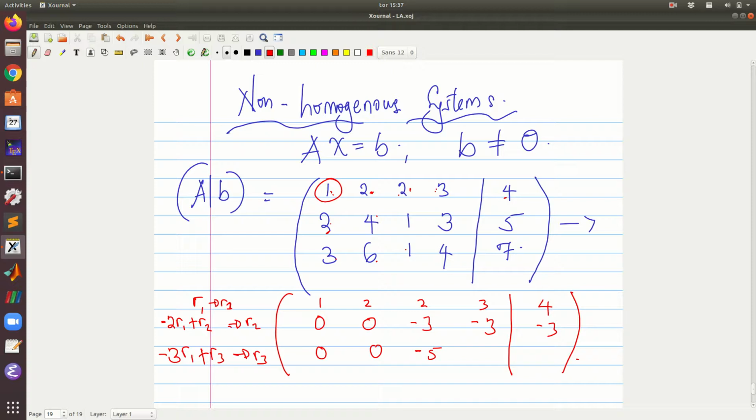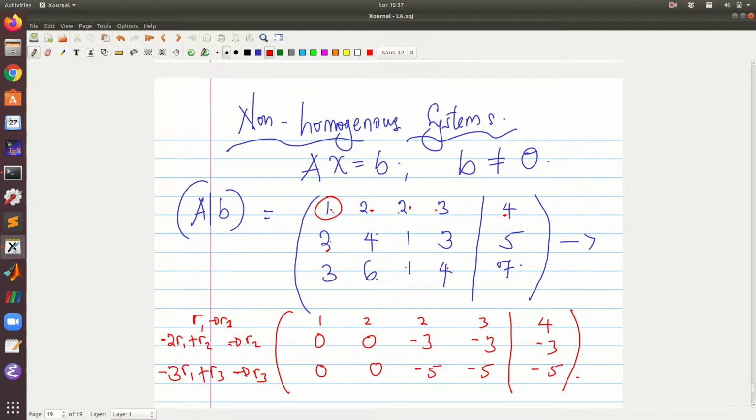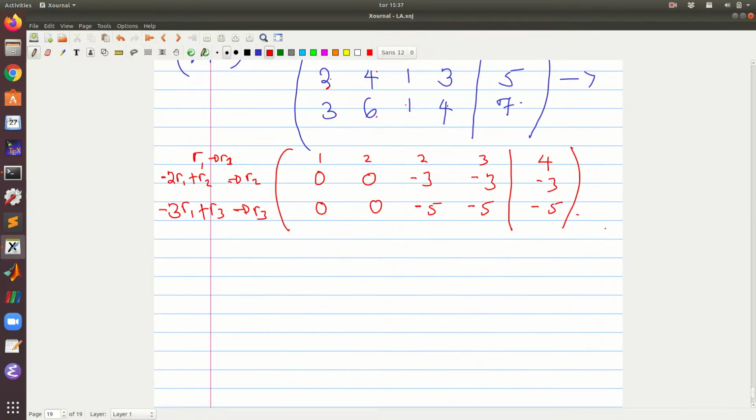Then multiply by -3, that is -9, and add 4, we have -5. Multiply by -3, that is -12, and add 7, we get -5.